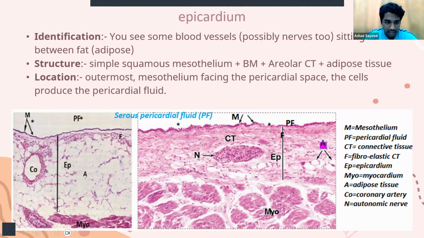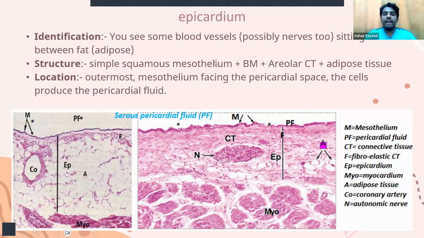This entire thickness right here, that is the adipose tissue. And this circular structure you can see, that's a coronary artery. So that's a blood vessel. You can see a nerve here. The difference between a blood vessel and a nerve is that blood vessels will be empty from the center. Nerves will be completely full. You can see here, the blood vessels are empty and the nerves, they're full.